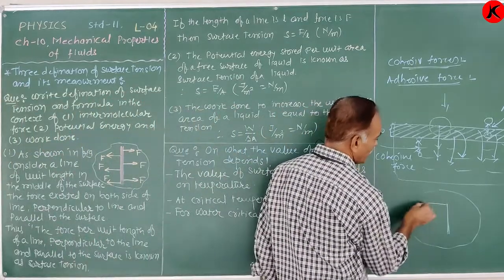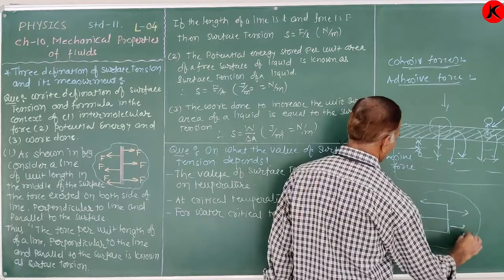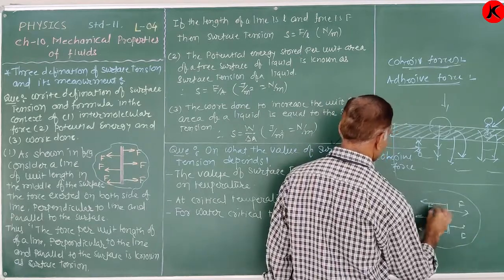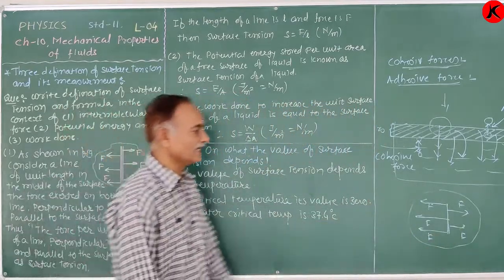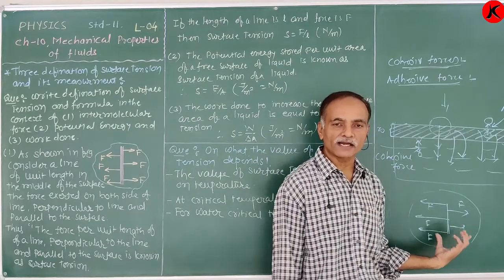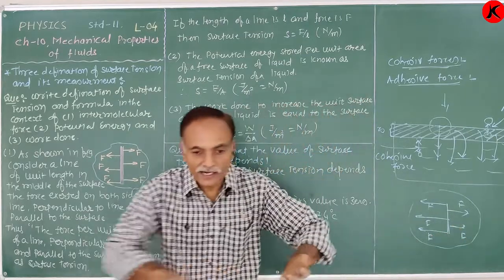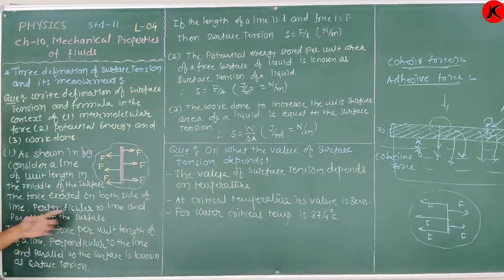One side of the molecules applies a force of attraction in this direction, and the other side applies a force of attraction on the other side. This force of attraction is exerted on a unit length of a line, perpendicular to the line and parallel to the surface. This force is known as the surface tension.